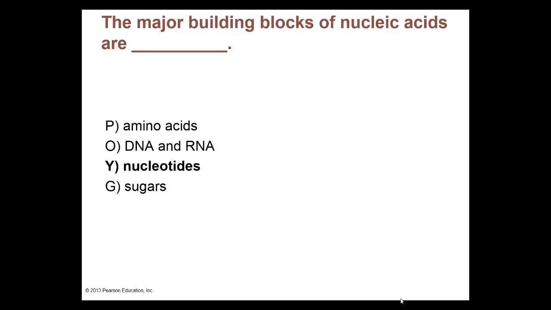The nucleotides are the monomers that make the nucleic acids, whether it's DNA or RNA. What are the three things you find in a nucleotide? Sugar, phosphate, and a base. The bases can change between DNA and RNA, and the sugar can be different, but nucleotides are the monomers that make up the polymers of DNA and RNA.